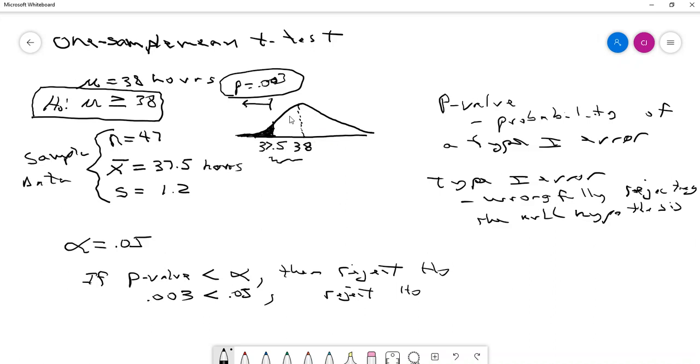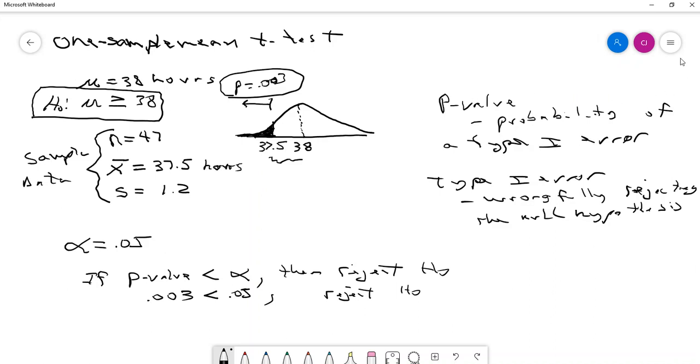We're rejecting that, which means we're accepting this, that the real average number of hours it's taking to assemble those four Tauruses is significantly less than 38. Okay. So we got evidence to be able to state that, which is kind of a good thing in this case. All right, so we got a lot of stuff in that one problem.